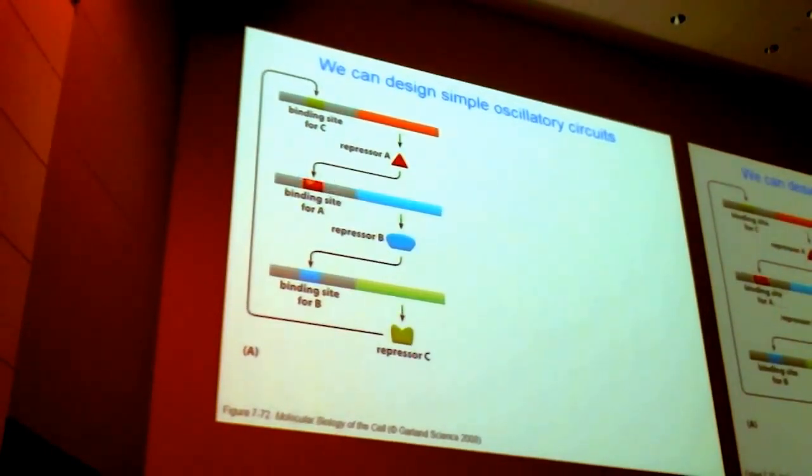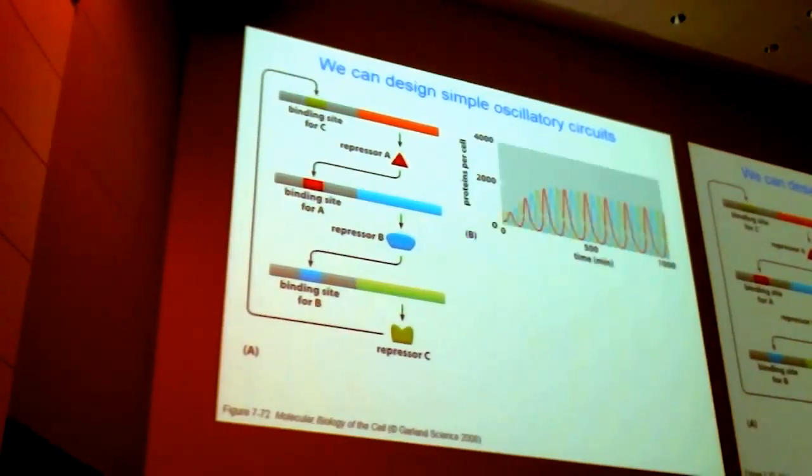And there's a binding site for A in front of the gene for B, binding site for B in front of the gene for C. So the whole thing is arranged as a circular loop with just a few things in between. So if you were to look at how these proteins are getting made across time, you'll see a graph like this. Follow any one color, it goes up, comes back down, goes up, comes back down, and so on. And it's interdigitated with these various other colors, right?